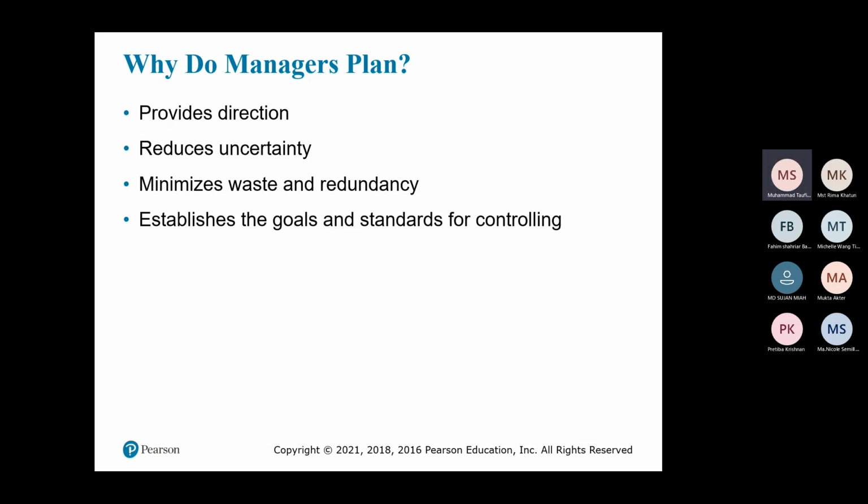We do planning because we want to avoid people going sideways, or going backwards, or going anywhere other than where we want to direct them. So by providing a plan, we can reduce this problem. We can reduce the uncertainty.